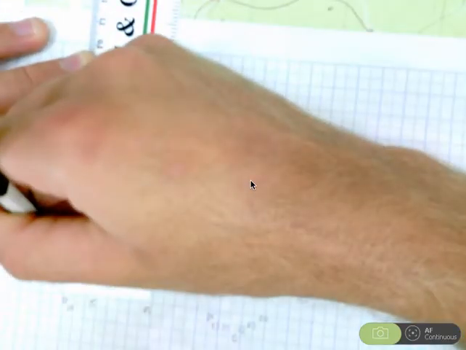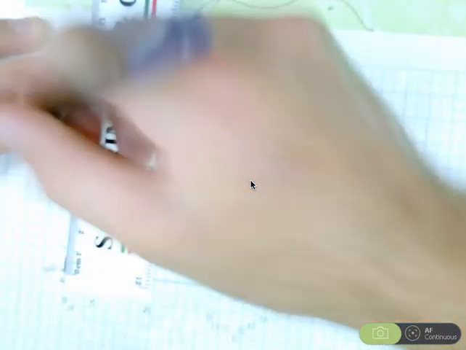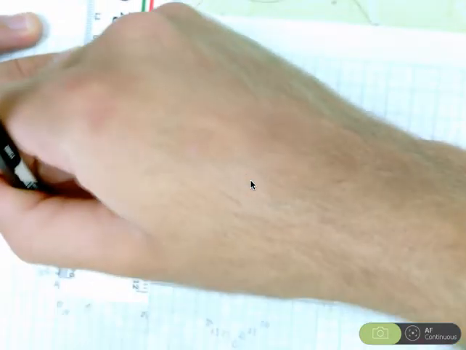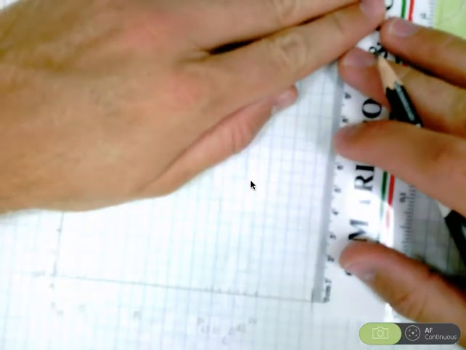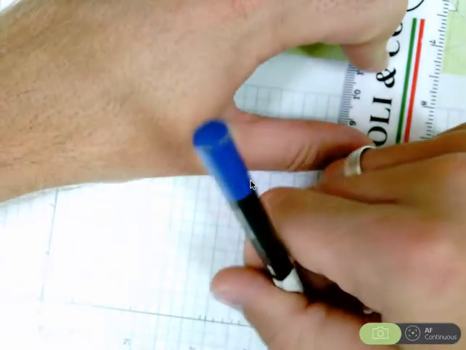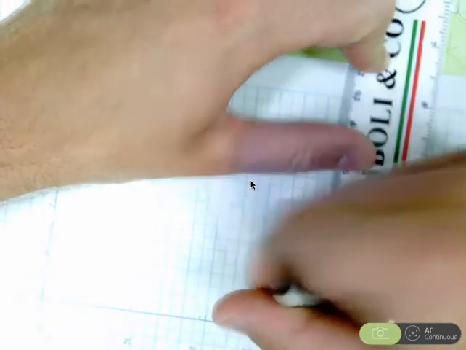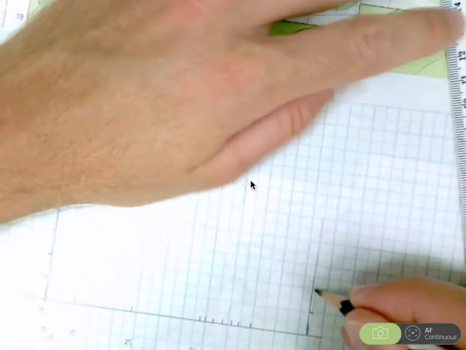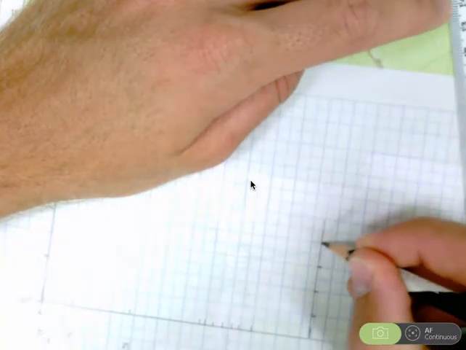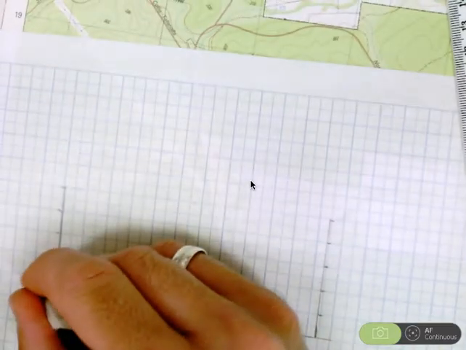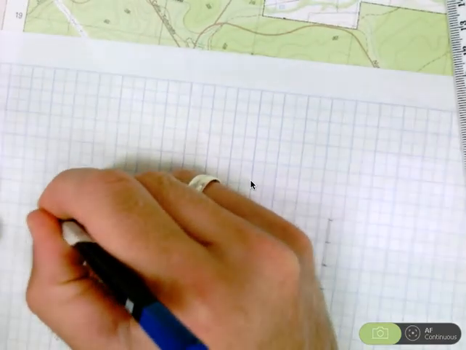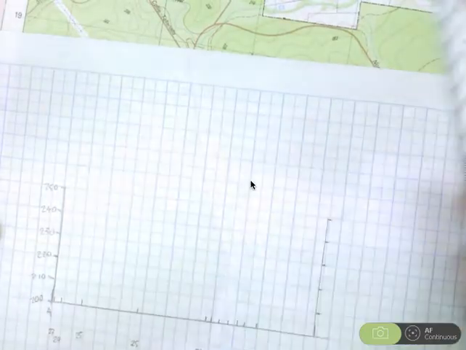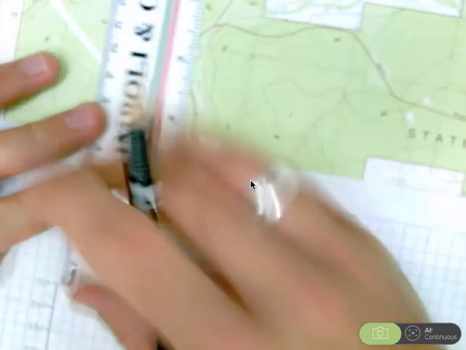We'll do 1 centimeter for every 10 meters. Same on the other side. Okay, so we indicate 210, 220, 230, 240, 250. So I should be going above 250 up to 260.